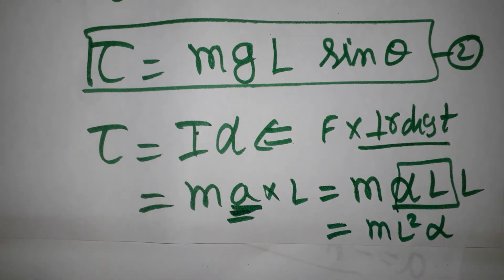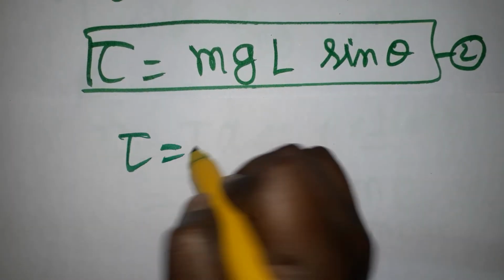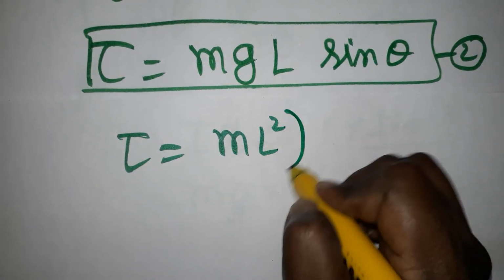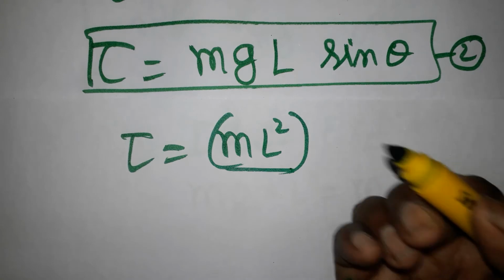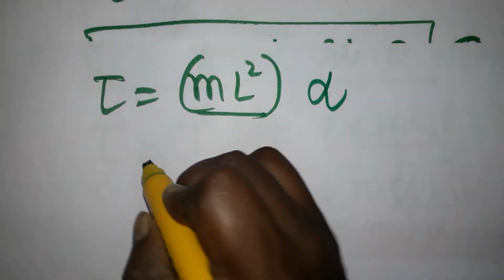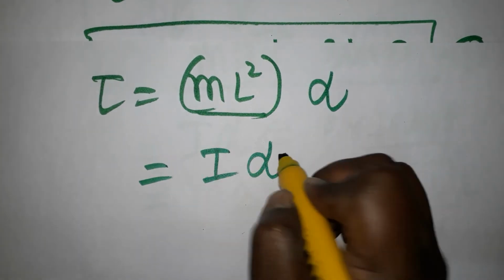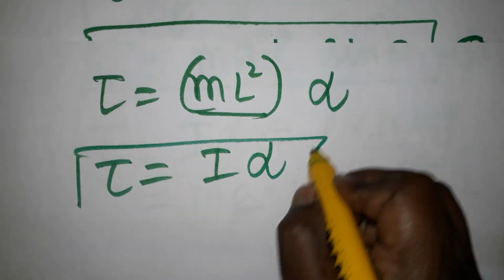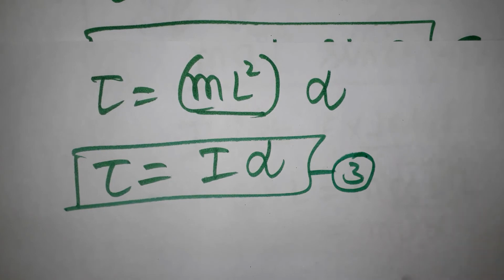Finally torque is equal to m L square alpha, mass into radius square, where radius here is the perpendicular distance. That is inertia times alpha. It's going to be torque. Equation number 3.